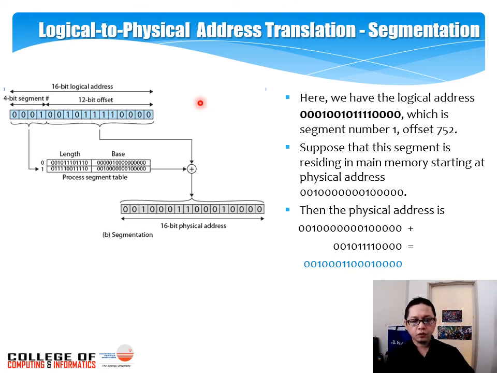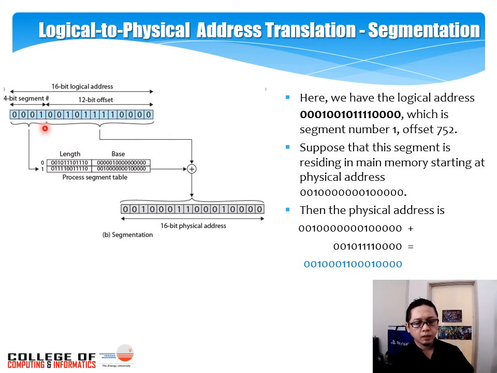Just like before, we need to find the first 4 bits from the 16-bit logical address. So we separate the first 4 bits, then we will get this reference number 0001.